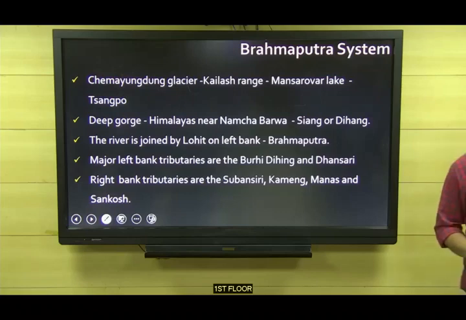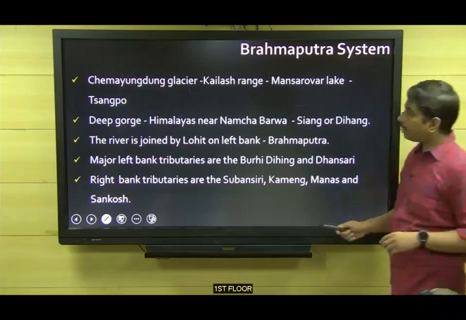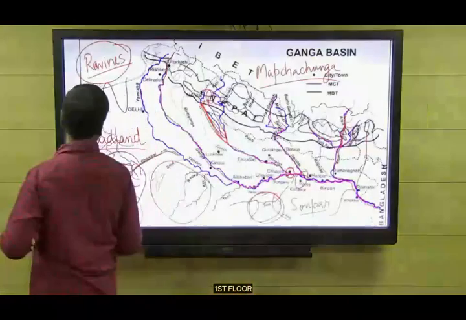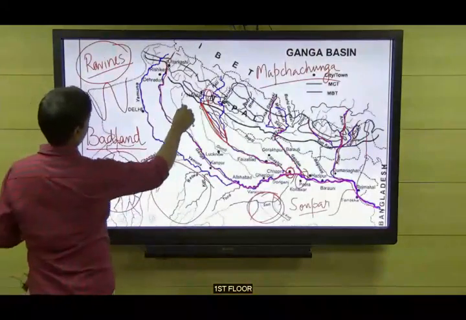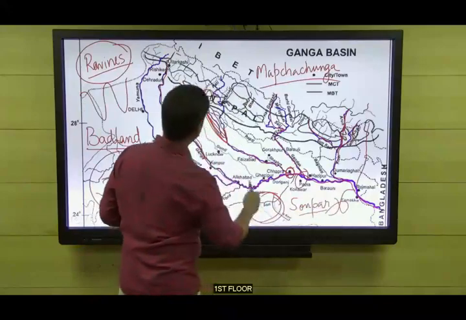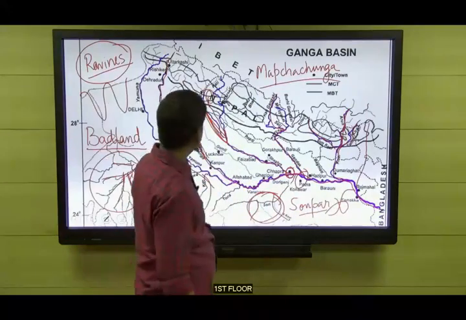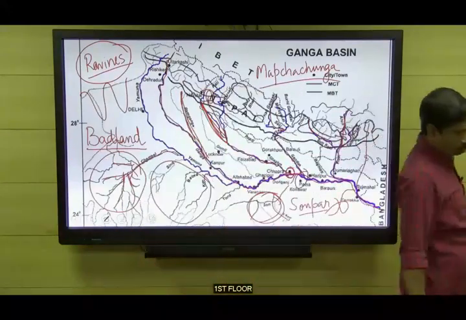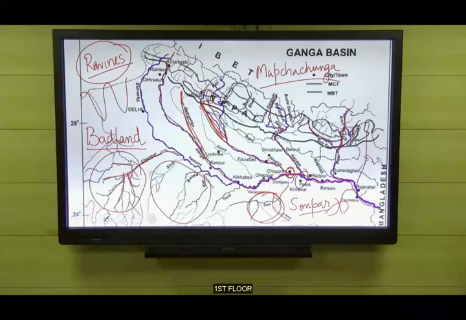Sorry, Ram Ganga, I was telling somewhere here. It is Ram Ganga, from Uttarakhand only. It's a small river from Uttarakhand and joins into Ganga.